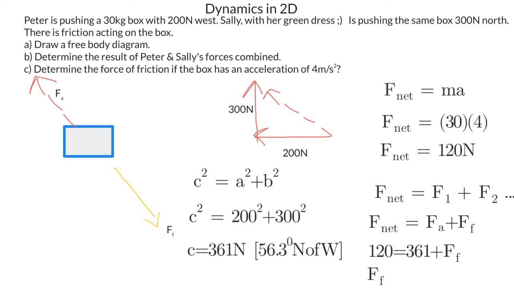The force of friction is going to equal negative 241 newtons.